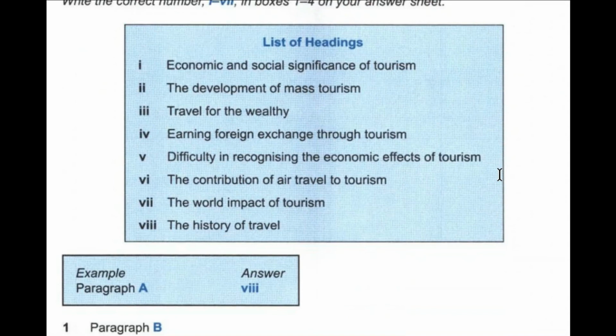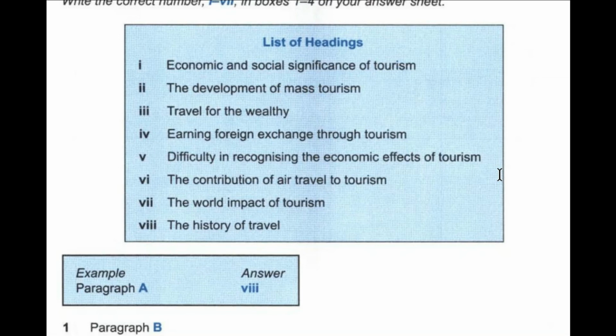So this is going to be the right heading for this paragraph, because the whole paragraph is speaking about the importance of tourism in context to economic as well as social significance, you can say, or economically and socially, how tourism is valuable, how tourism is playing a very vital role, a key role.